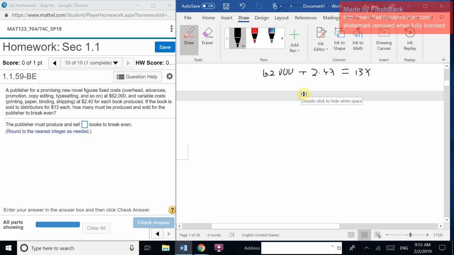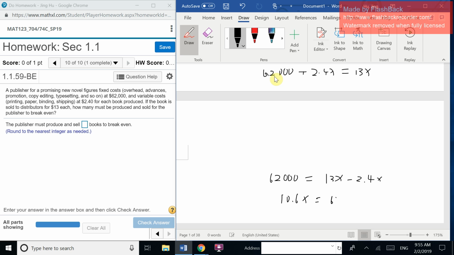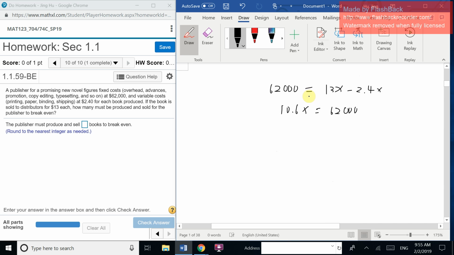Now let's solve the linear equation. Subtract 2.4x from both sides. So the left side has only the number term, and the right side is 13x minus 2.4x. Now let's switch left and right.